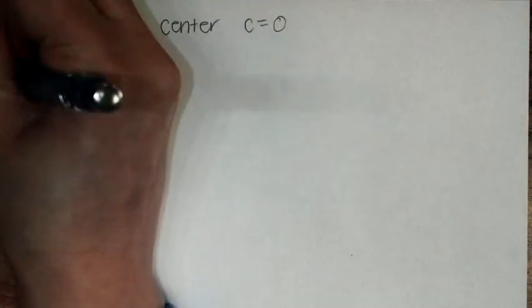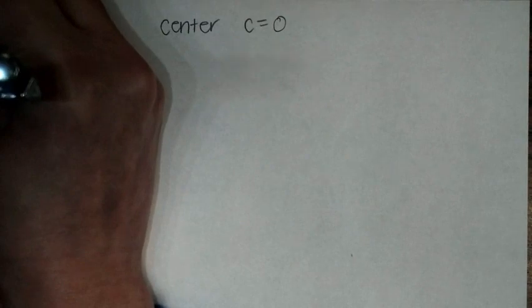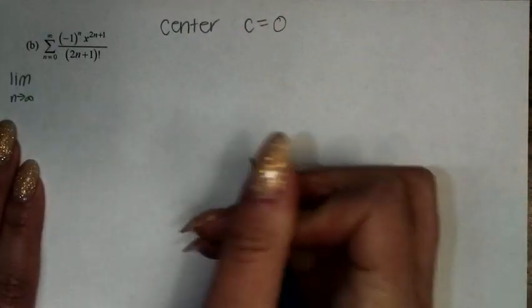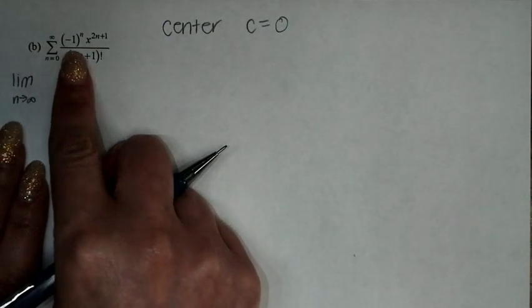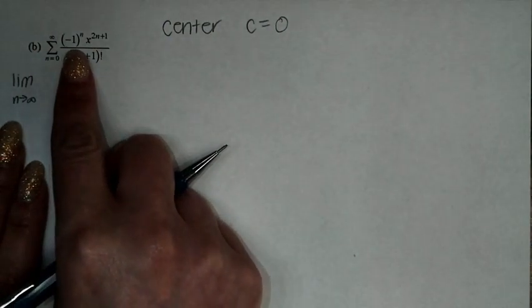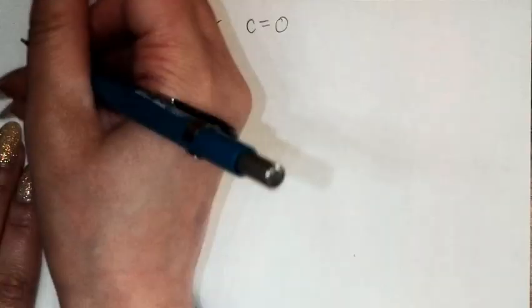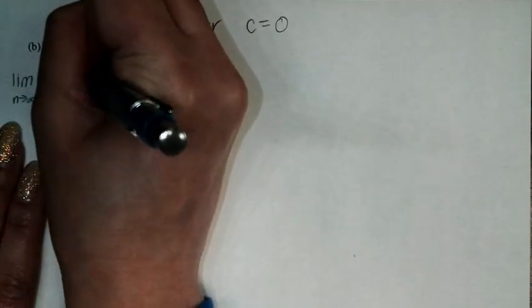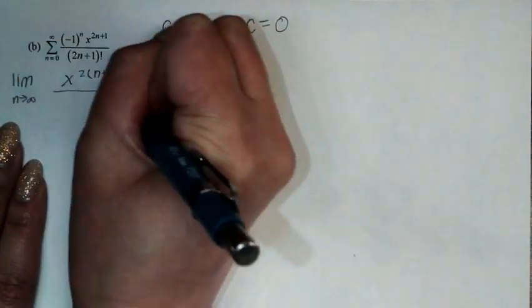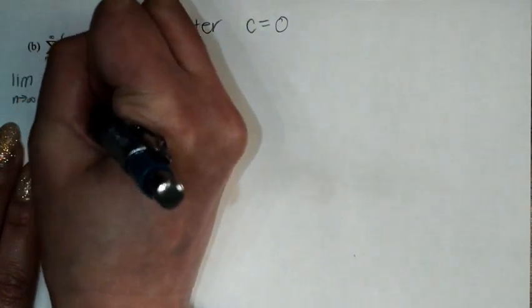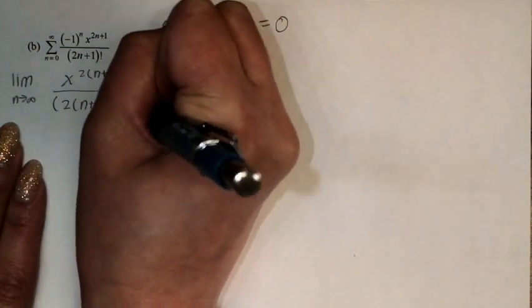After that, you are going to apply your beloved ratio test. Remember, we're not going to pay attention to the alternating factor, because the absolute value will get rid of the alternating factor either way. So you are going to have x to the power of 2, and here be careful, use a parenthesis, (n plus 1), close it, plus 1, divided by, and here use parenthesis again, (n plus 1) factorial.